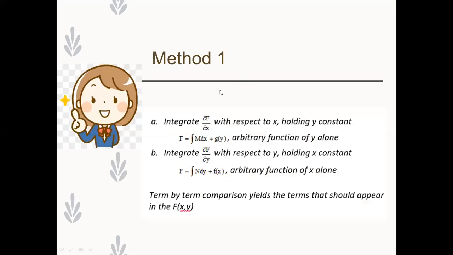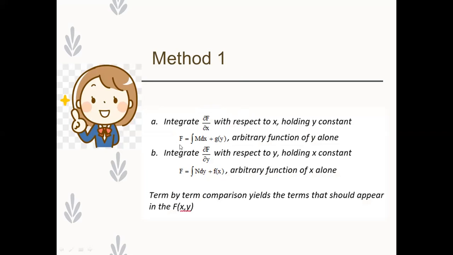Now, method 1. Method 1 is the easiest of the 3, okay, because it's straightforward and you can right away pick the terms that will be appearing in the solution of your exact DE. What you need to do is to integrate the partial derivative of f with respect to x. So you're going to integrate this partially with respect to x, holding y constant.